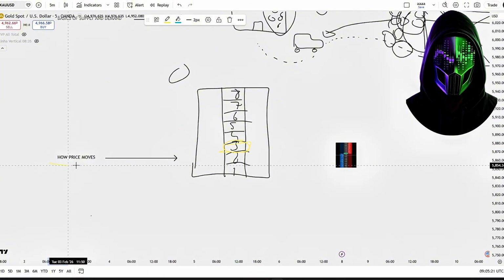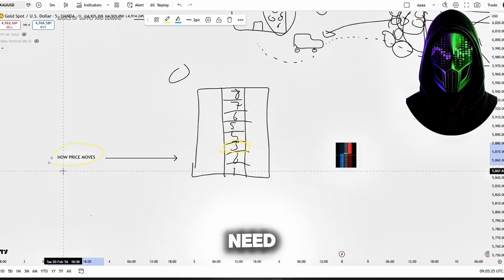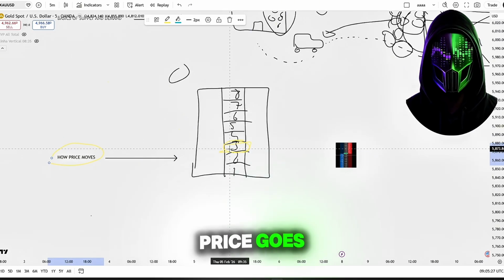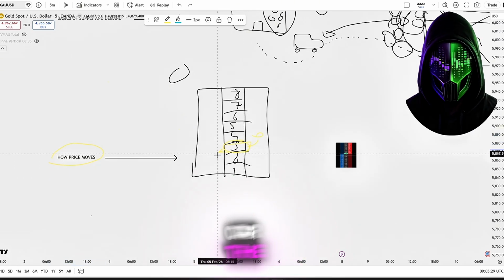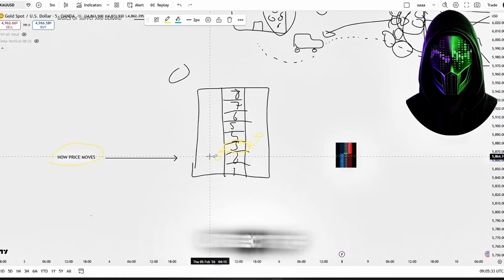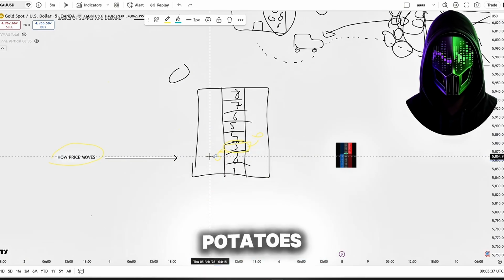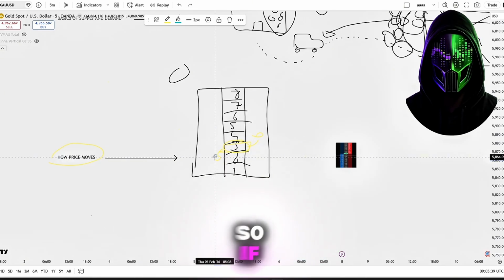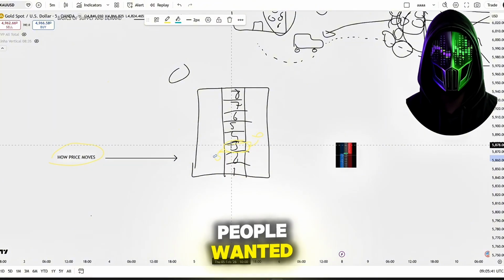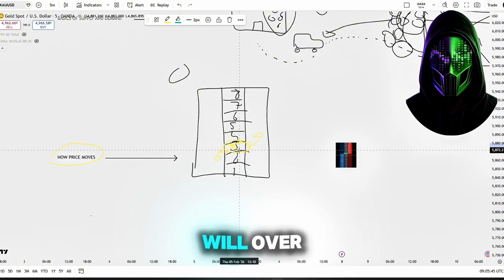What I need, remember, this is how the price moves. What I need for the price to go up or go down is the necessity, the urgency of having or selling those potatoes. So if I have more people wanting to buy the potatoes, eventually these $3 potatoes will be over, okay?